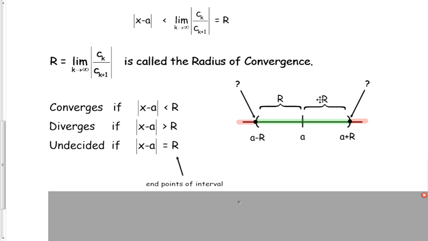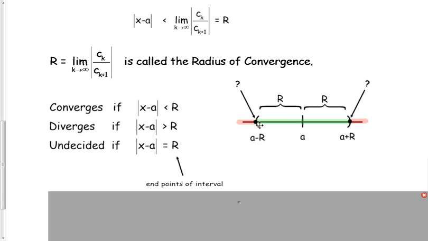Okay, so remember the ratio test: when we get a value of 1, then it's undecided. We don't know. It might converge or it might not. The ratio test doesn't tell us anything. I'm still feeling bad about saying that was the root test. So that's the only issue here.